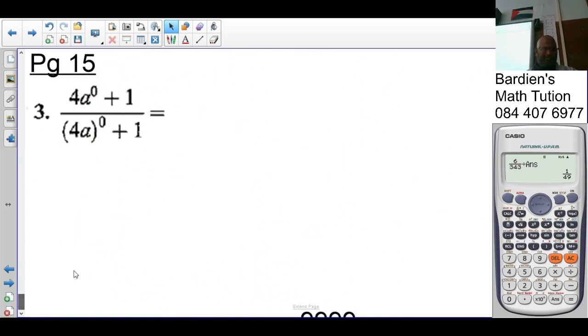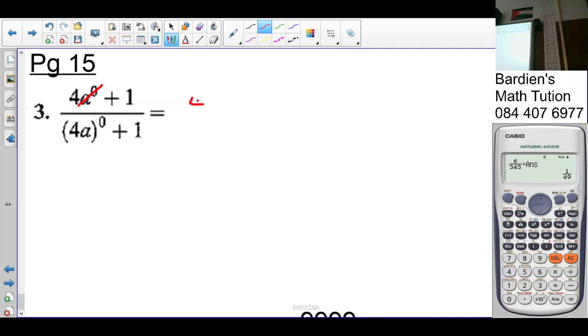Okay, so page 15, number 3. Anything to the power 0 is 1. So that 0 is only on the a, so only the a becomes 1.